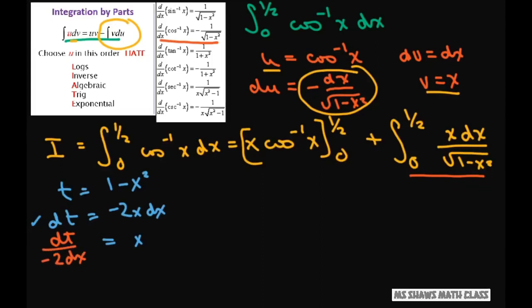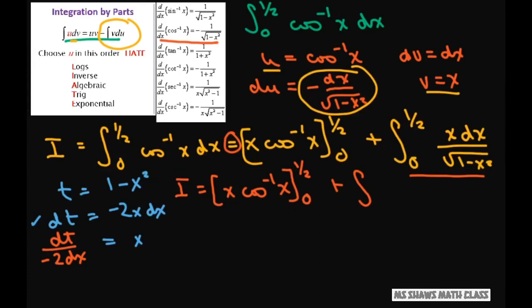And I'm going to substitute. So from here, I'll just put my integral equals x inverse cosine of x. We're going to evaluate it from 0 to 1/2 plus, now I'm going to rewrite this.